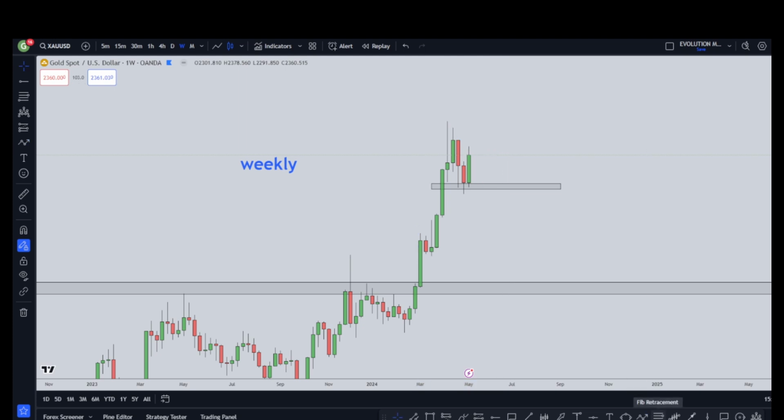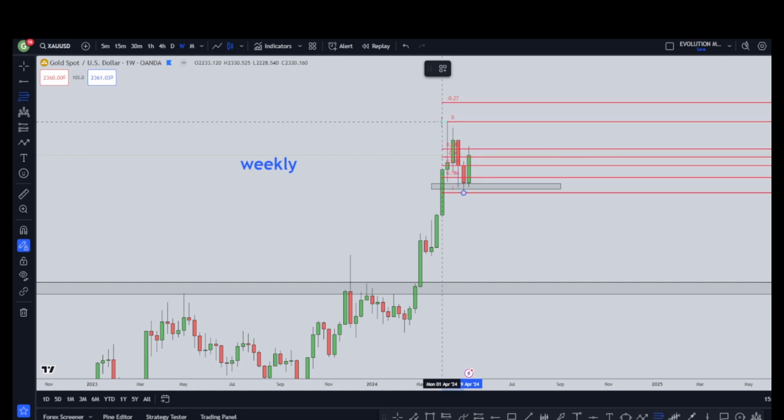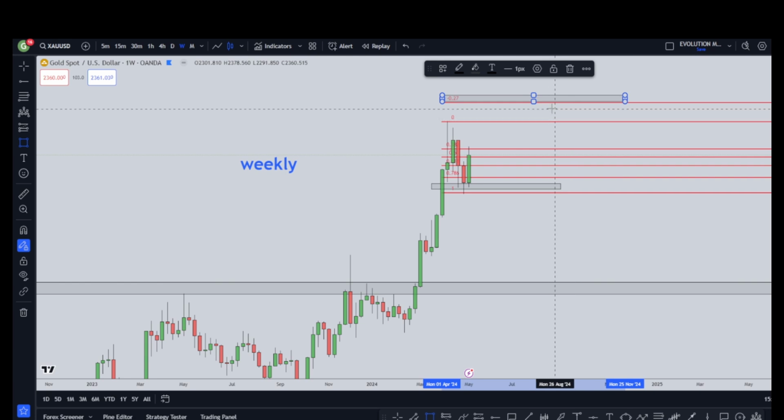Now if I take my Fibonacci tool and this time measure from the beginning of this current leg that seems to be in formation currently to the peak of the previous impulsive move, you will notice that the minus 27% Fibonacci area is way up here, and so this is the area we'll be targeting price to get to as it moves on the next leg to the upside.